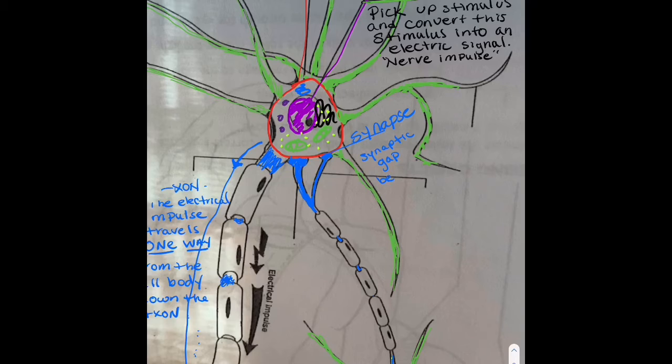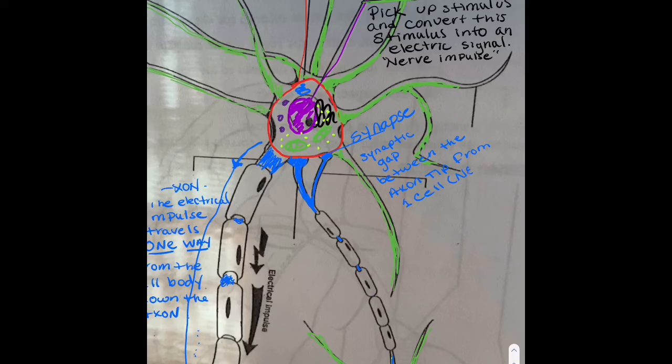So a synaptic gap is between the axon tip from one cell. So the one cell is going to be a neuron, right?